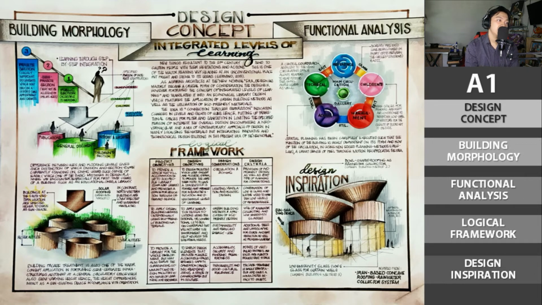This means we now go through the building morphology and its progression. So I literally took the step-by-step integration to separate spaces through levels and color. With this, it also became one of my facade application treatments.